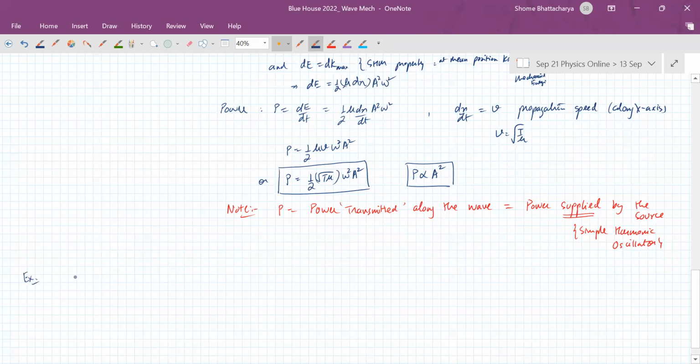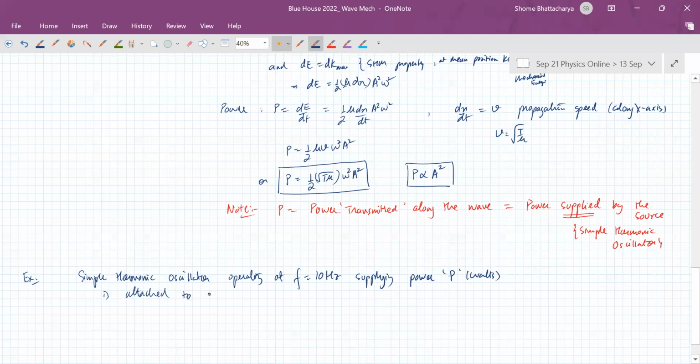So for example, if we have a simple harmonic oscillator operating at a frequency of, let's say, 10 hertz, supplying power P, let's say, in watts, is attached to a rope which has linear mass density, let us say 1.6 grams per centimeter, and is under tension of, let us say, 50 newtons.